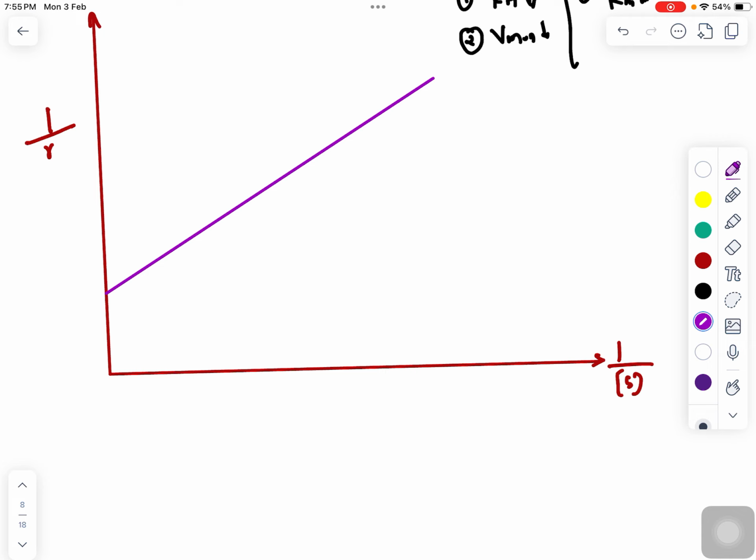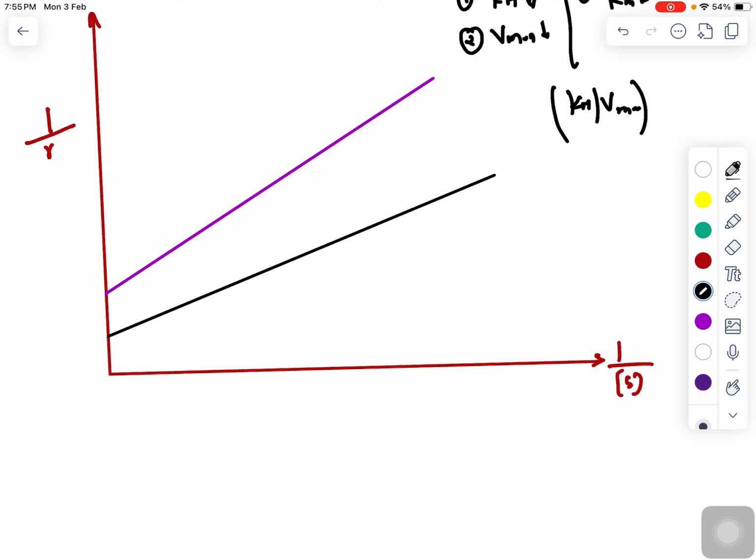And the slope was Km divided by Vmax, right? Slope was Km divided by Vmax. So if Vmax will increase, slope will decrease, and 1 by Vmax will also decrease. So the line will go something like that.